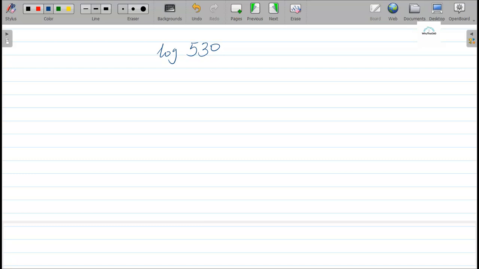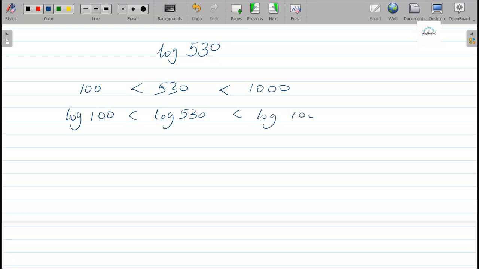The answer should lie between bounds. I can say 100 is less than 530, and 530 is less than 1000. So log 100 is less than log 530, which is also less than log 1000.